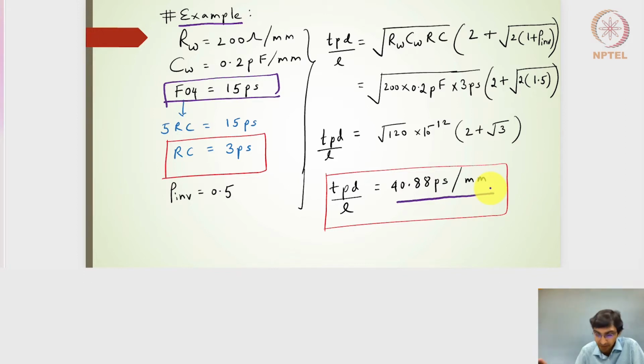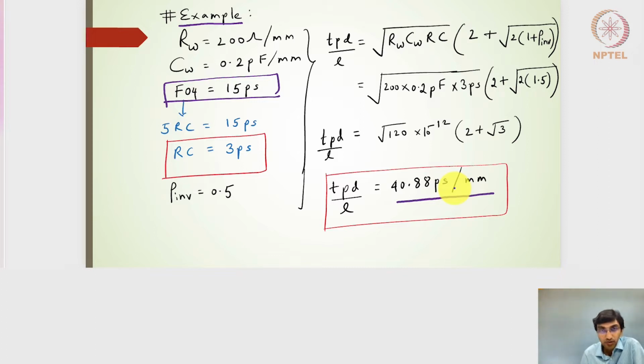Now this is the minimum delay per unit length, right? If the length is 1 mm, we get the propagation delay of the wire with the repeaters as 40.88 picoseconds. All right, hope this is clear.